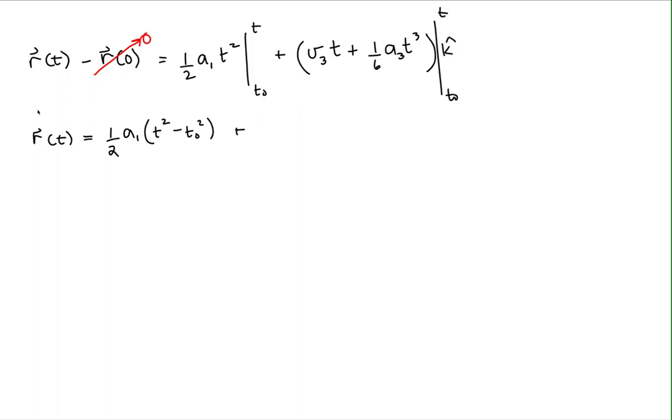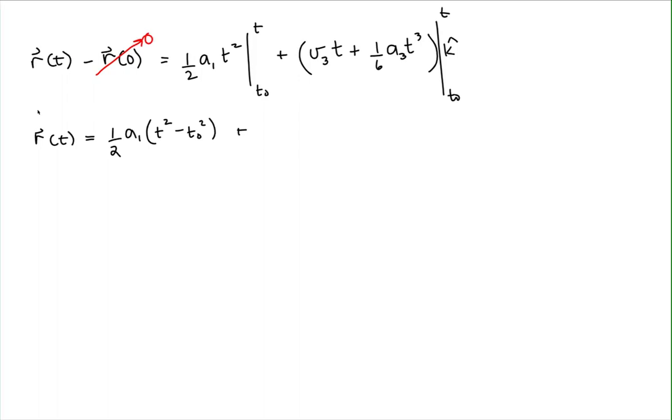So this is the x component, plus the z component, v3 t minus t naught, plus 1/6 a3 t cubed minus t naught cubed.